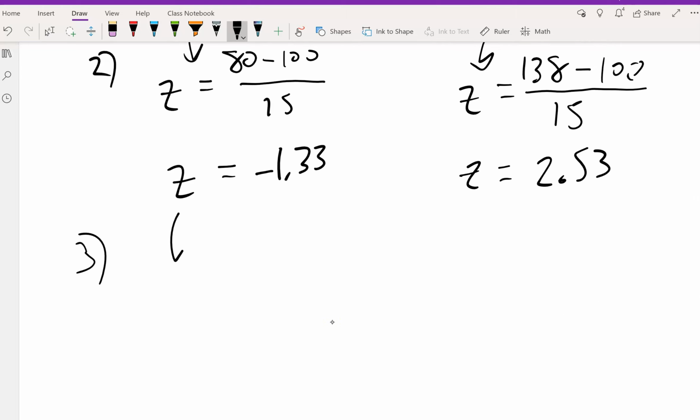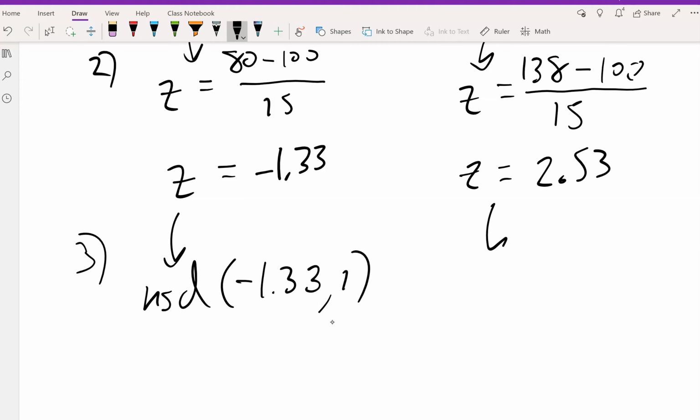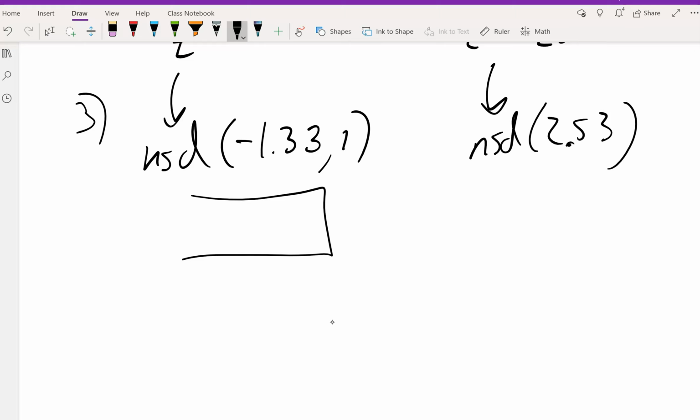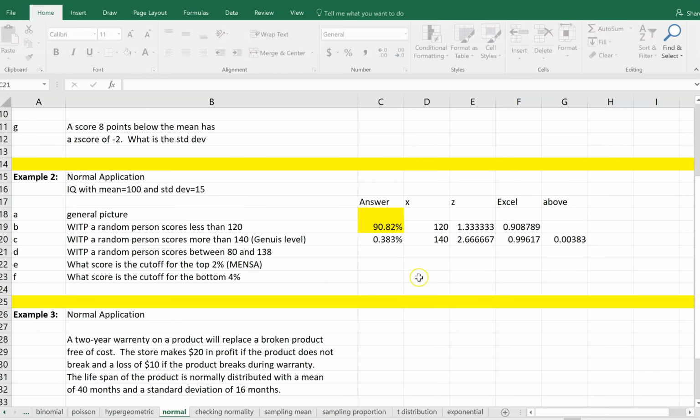Well, now that we have Excel to do the table for us, we dump both -1.33 and 2.53 into NORM.S.DIST and see what numbers come out. All right, let's go to Excel.